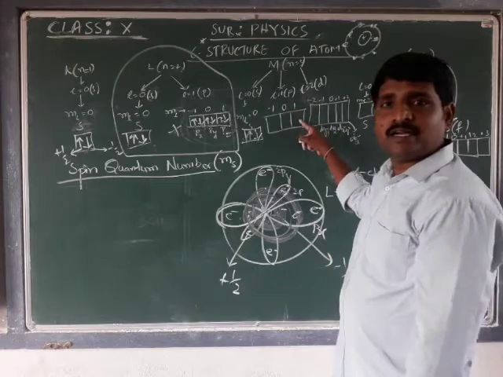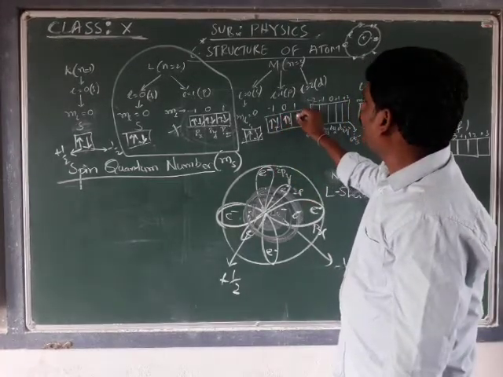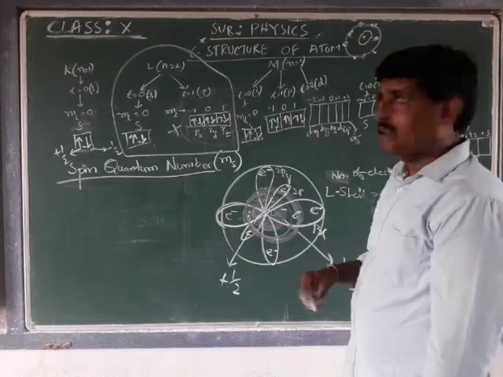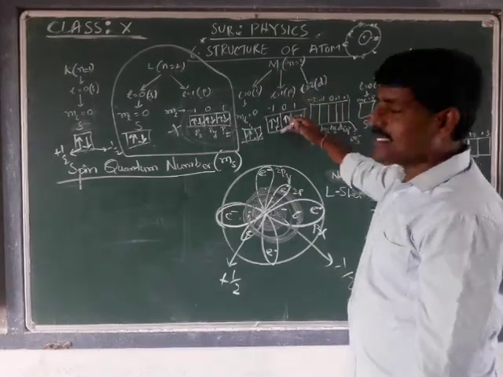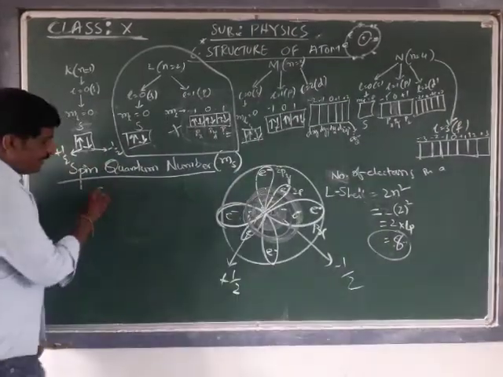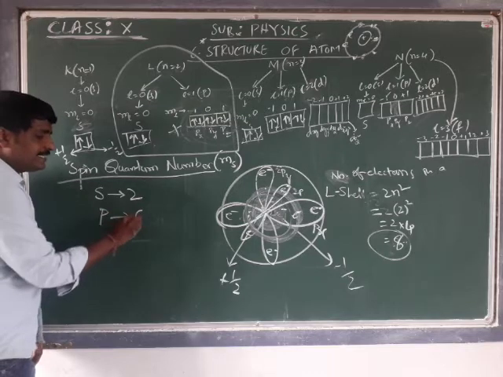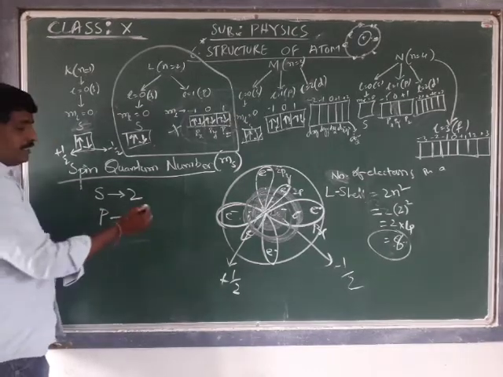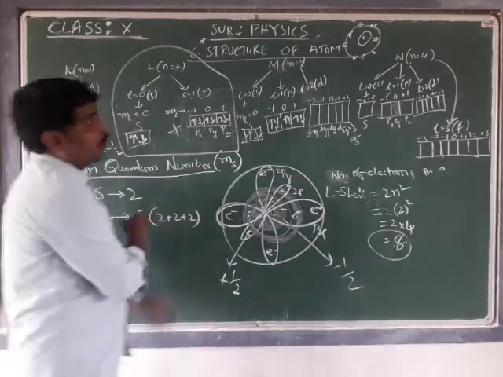How many electrons can we fill? 6: 1, 2, 3, 4, 5, 6. Keep in mind, s can handle only 2 electrons. The p subshell can handle 6 electrons, 2 plus 2 plus 2. Now d.